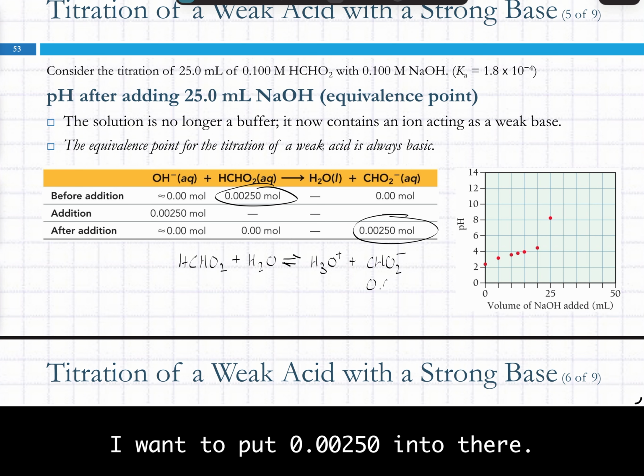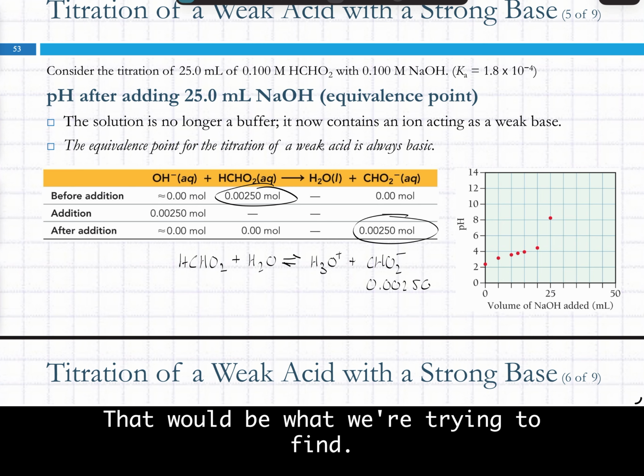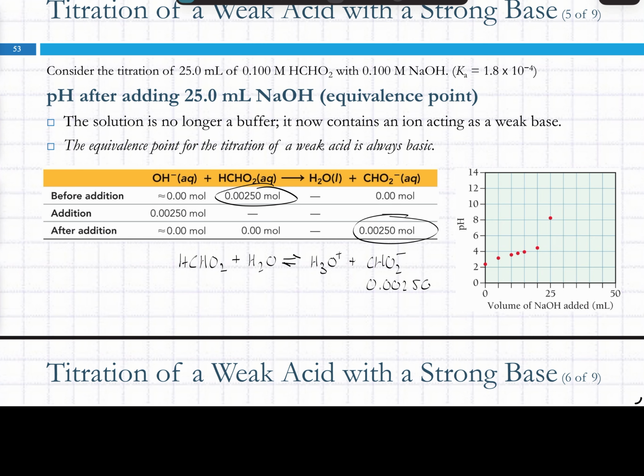I want to put 0.00250 into there. But what's my concentration, or my moles of acid? That would be what we're trying to find. So I cannot use this Ka equation. I need to use Kb, or the Kb equation.